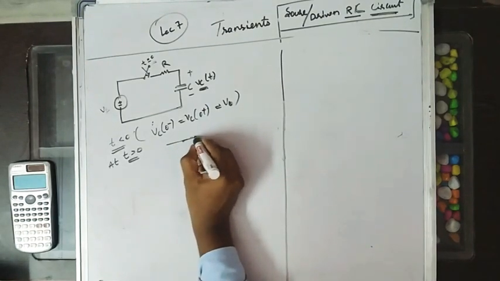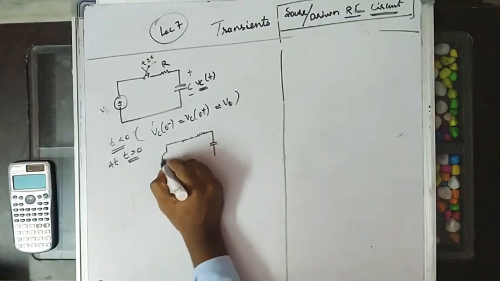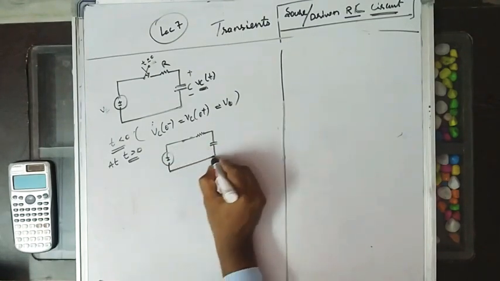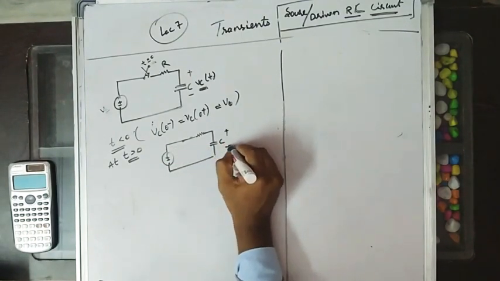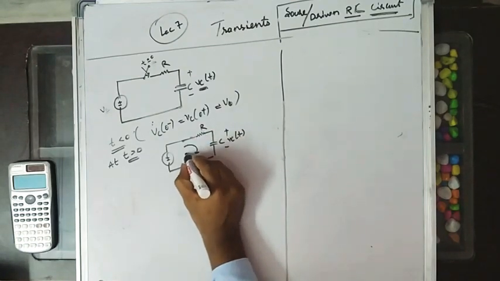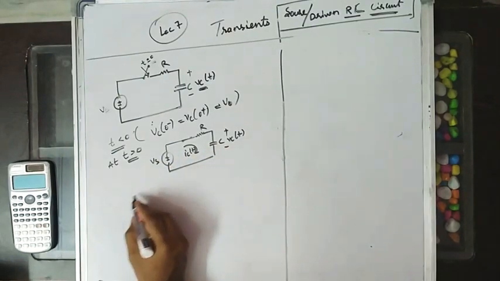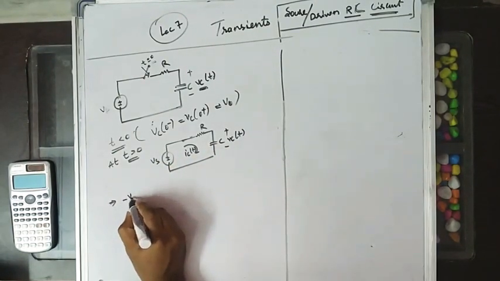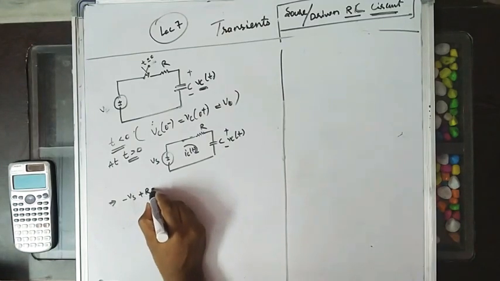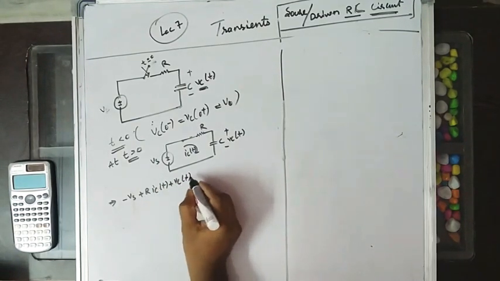In this condition, you will have a circuit like this. This is Vc of t and this is R. We will consider Ic of t, the current flowing, with the source Vs. Apply KVL here, and we get minus Vs plus R into Ic of t plus Vc of t equal to 0.